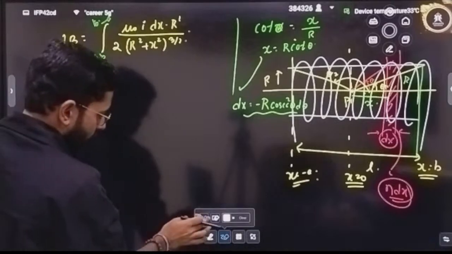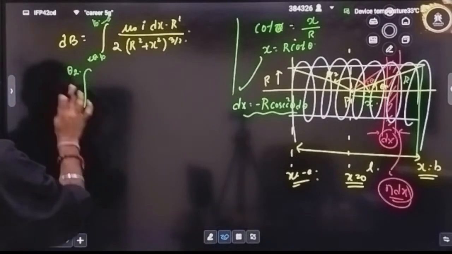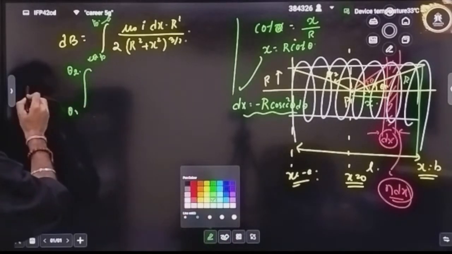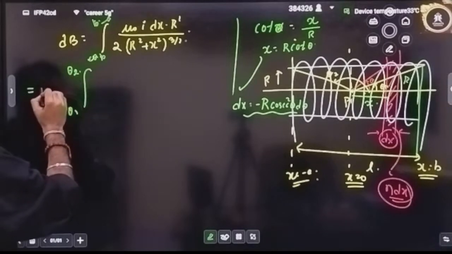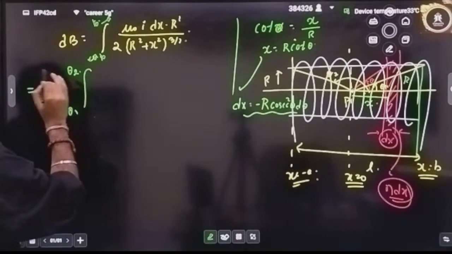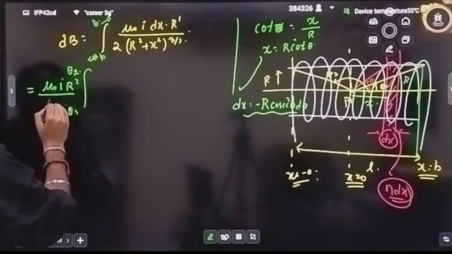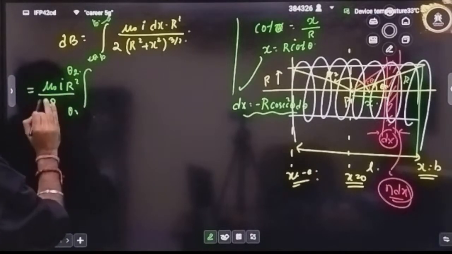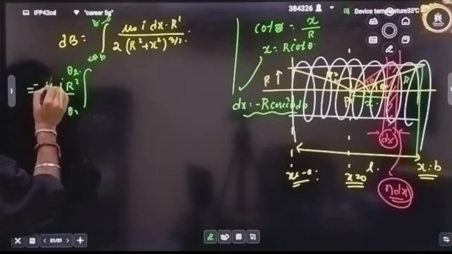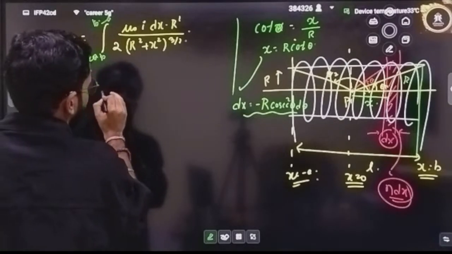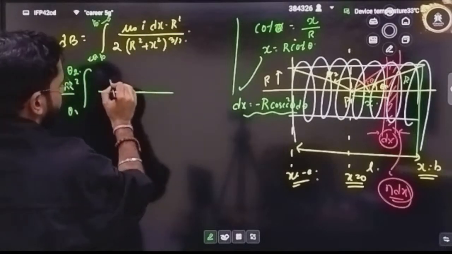Now try to take the constants out of this integration and try to write this complete result. When you are taking this out of the integration, what is that? You will be writing mu naught I r square divided by 2 also common, and then there is a factor of minus also, so take the minus also outside. Now in place of dx, what are you going to write?